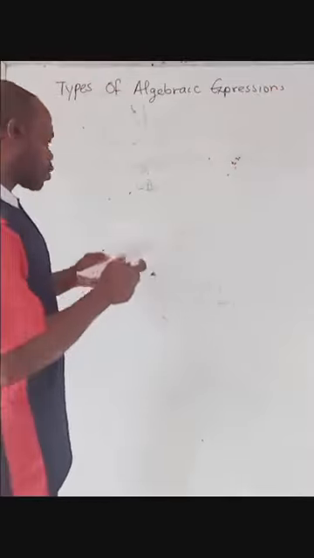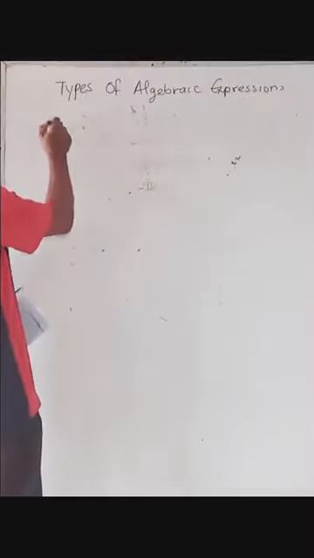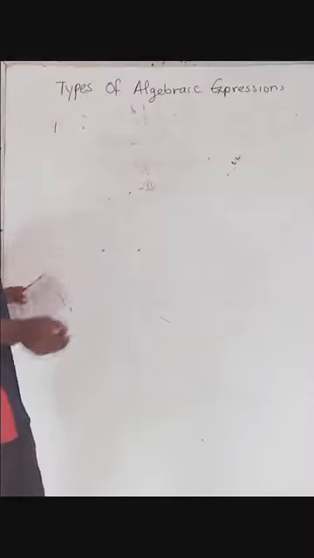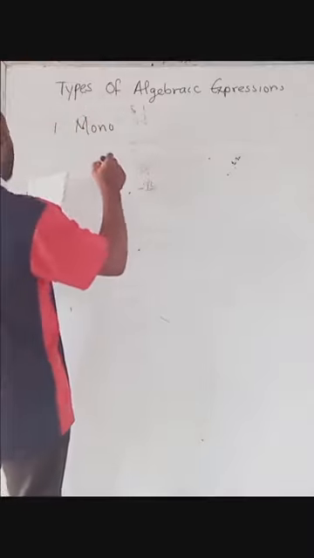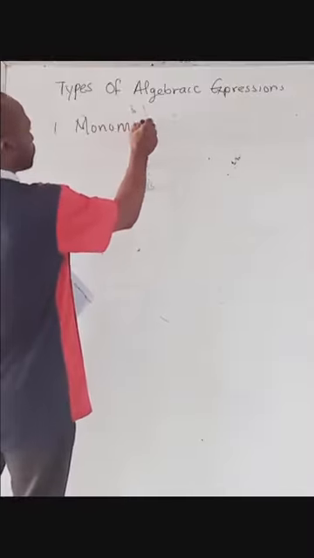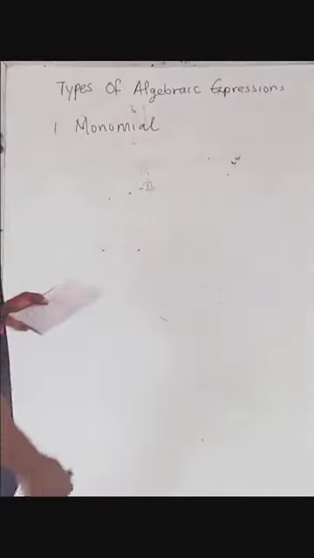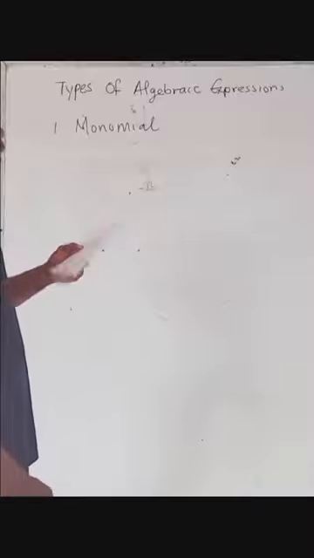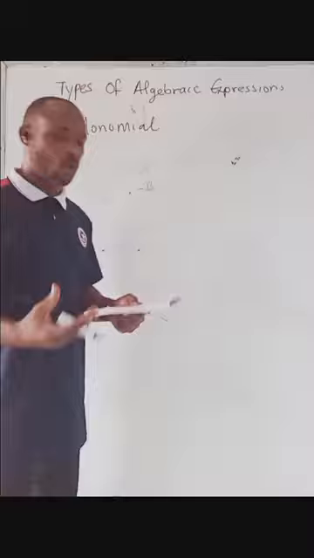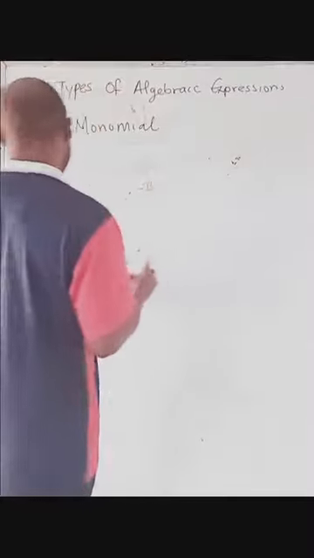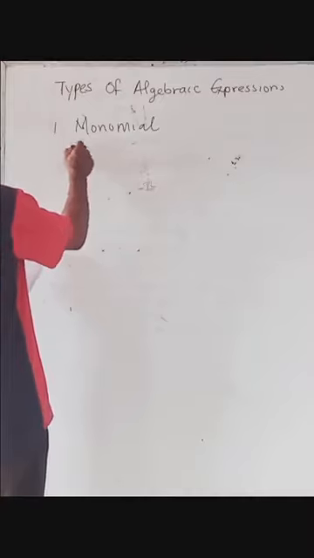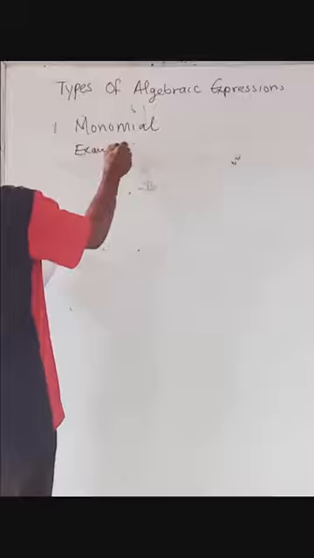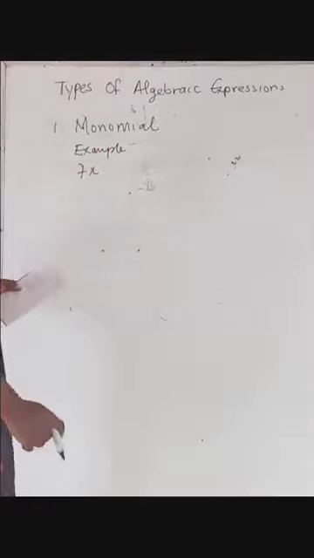Types of algebraic expressions. Number one, we have a monomial. A monomial is an example of an algebraic expression that contains one term. For example, 7x is a monomial.